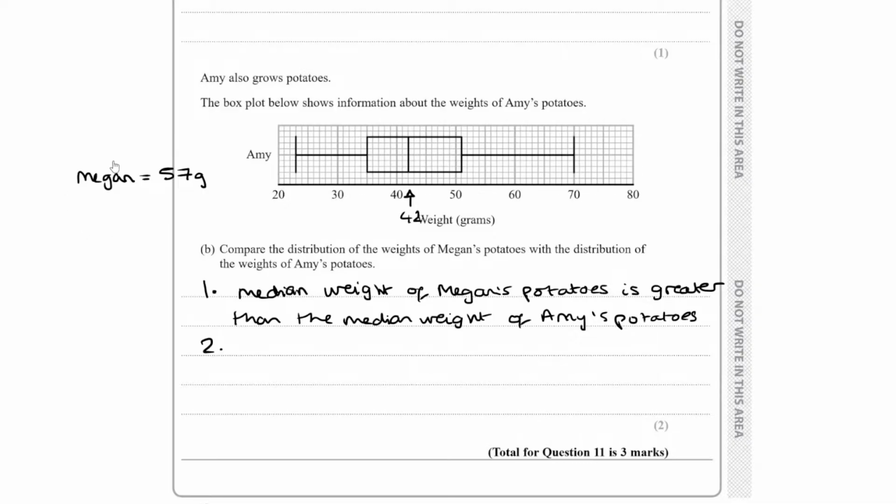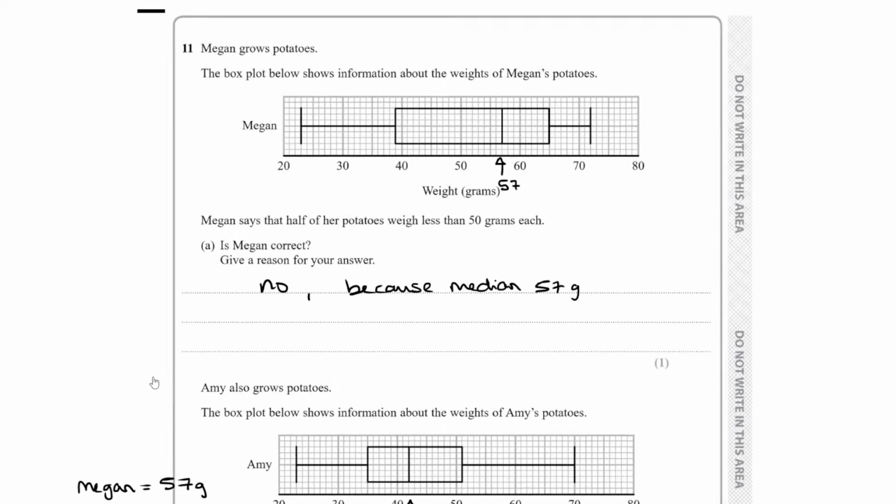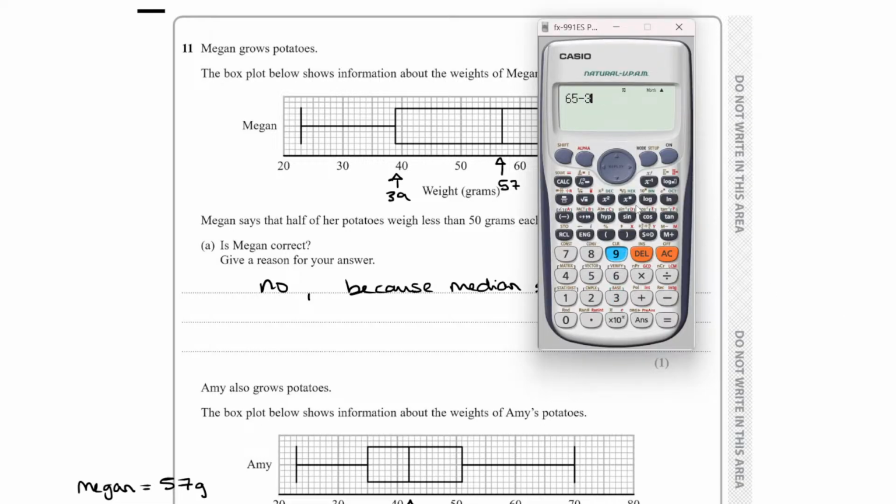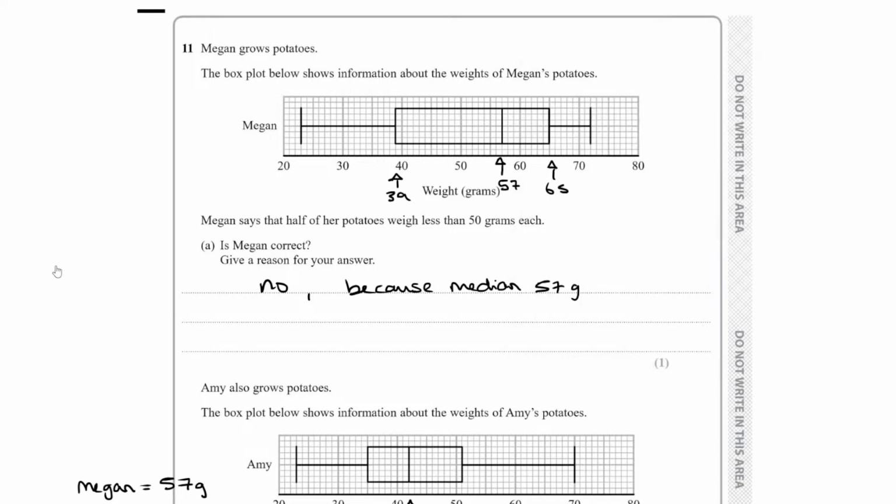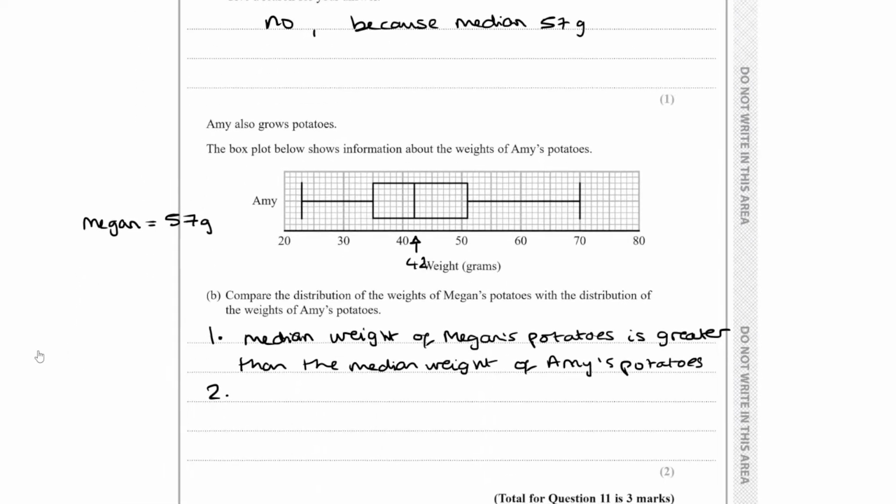So let's go back. Megan's interquartile range is not that complicated to figure out. What's that? 65 and 39? And it's a calculator one anyway, isn't it? So 65 minus 39. So Megan's is 26. You could also kind of look at it, because normally the scale for both box plots will be the same.